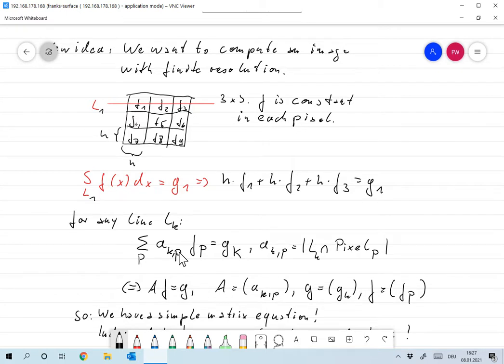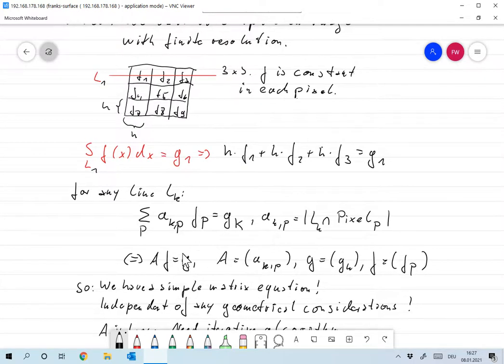But now this is just a linear equation, right? So we can write it as a matrix-vector equation. Putting A equal to a_kp, g as the vector of all measurements, and f the vector of all pixel values, we have the matrix-vector equation A f equals g. A simple matrix equation, which we can solve for f, or maybe we'll have to take the least squares solution or something.